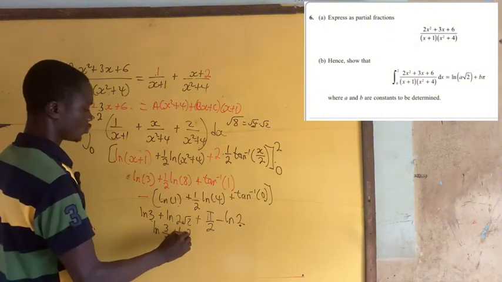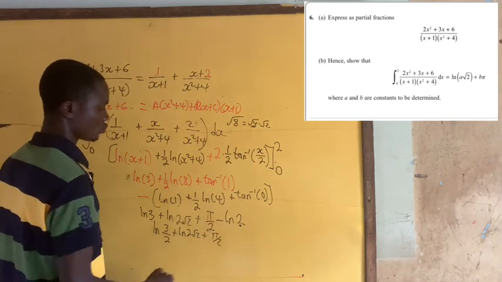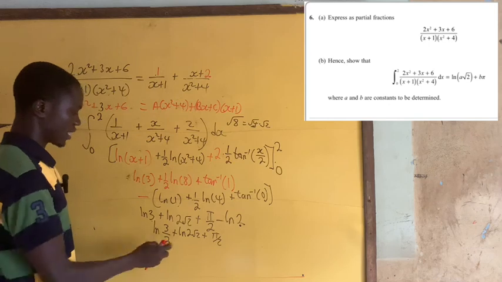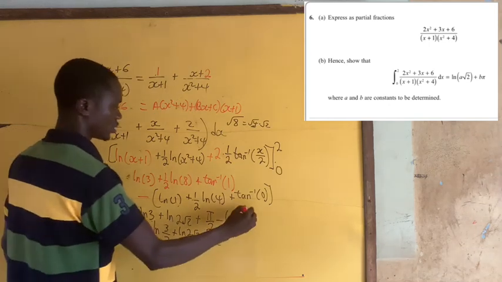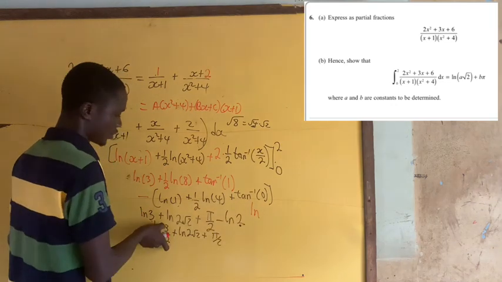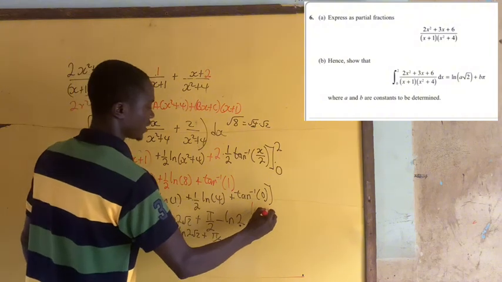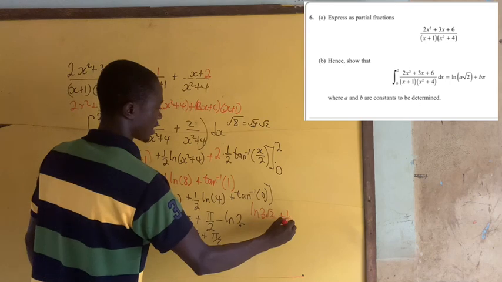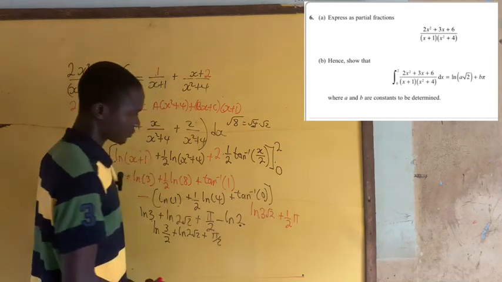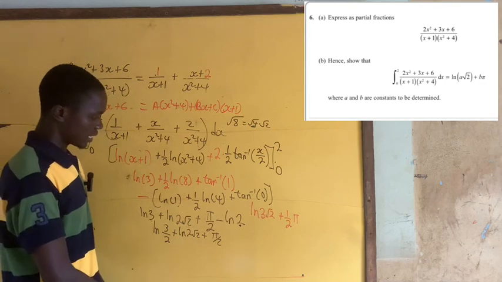Plus ln of 2 root 2 plus pi on 4. Adding, we multiply 3 on 2 by this, that will give us ln of 3 on 2 times this 2 root 2; the 2 cancels this 2, so we have ln of 3 root 2 plus pi on 4. I think this solves the question.